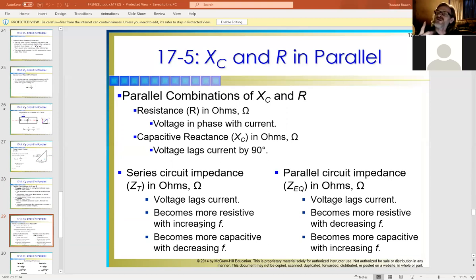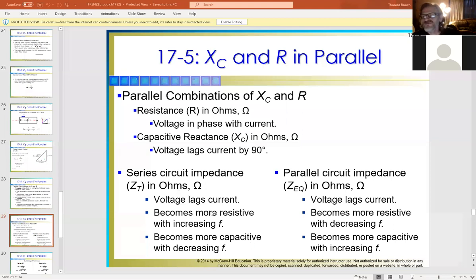So if we vary the F, we're of course going to change the outcome. And then it becomes more capacitive with decreasing frequency. That's basically how we swing the phase angle. So we change that value, and in effect, one of the results is that the higher the frequency, the more resistive the circuit. The lower the frequency, the more capacitive the circuit.